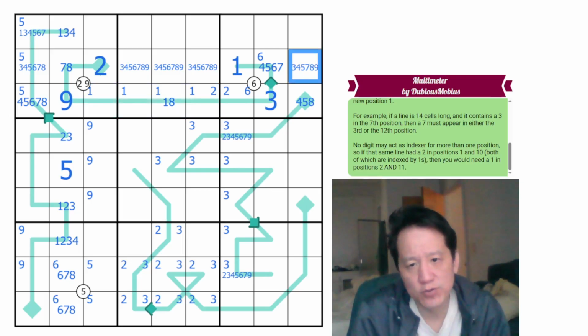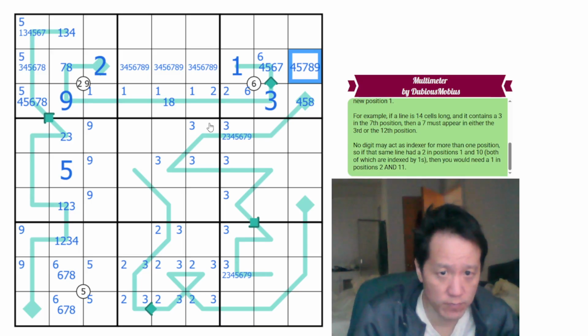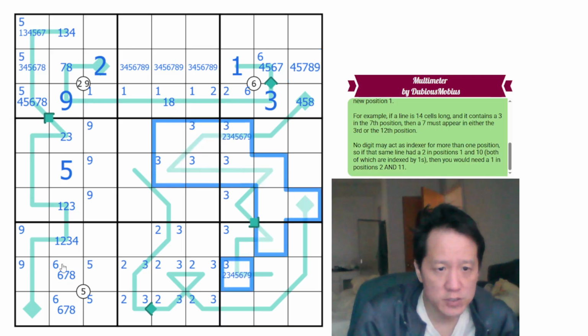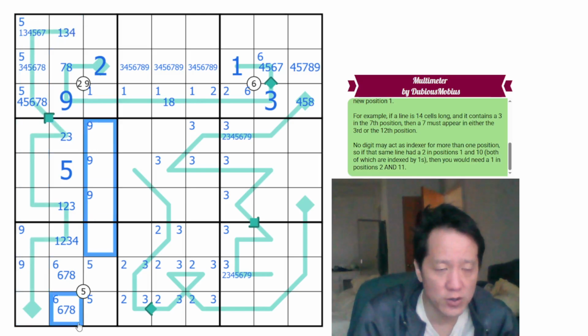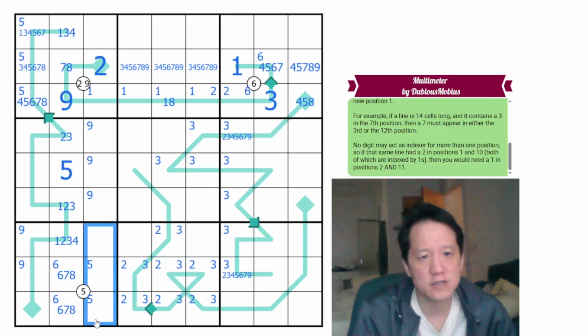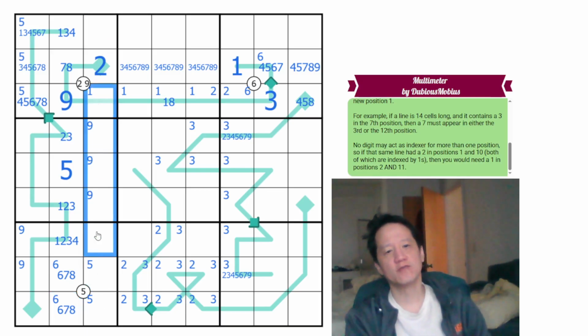This cannot be 3 here. Which means there's 2 3s along this line, but that allows one valid 3 somewhere not along this line, right? This could be any of them.